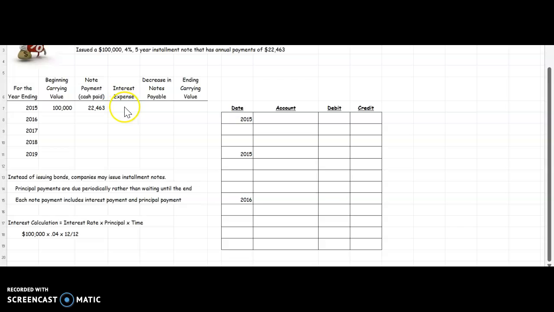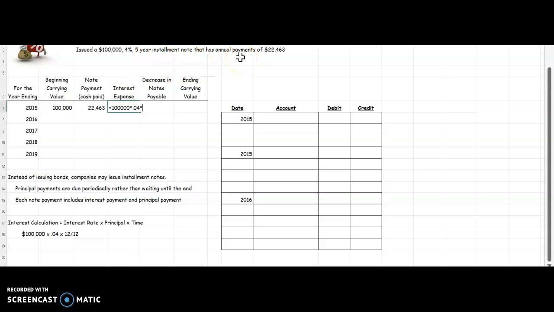And my interest expense is going to be the $100,000 times my 4%, because it tells us in the problem, times we have an annual interest payment.